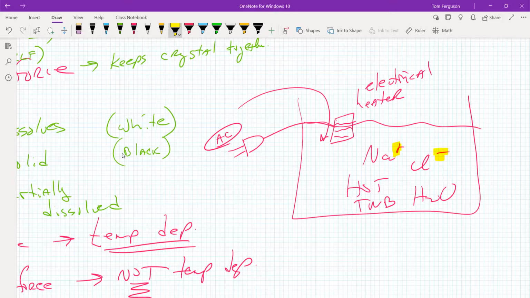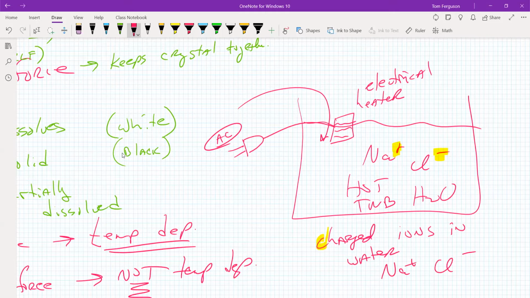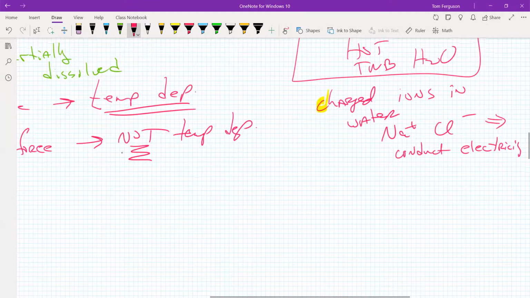Charged ions can conduct electricity. Yeah, sodium cations and chloride anions. Those are charged ions. They can conduct electricity. What's electricity?